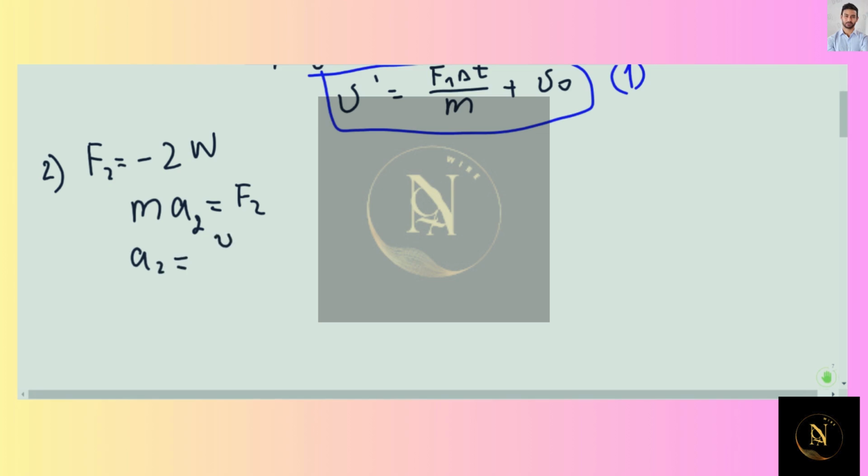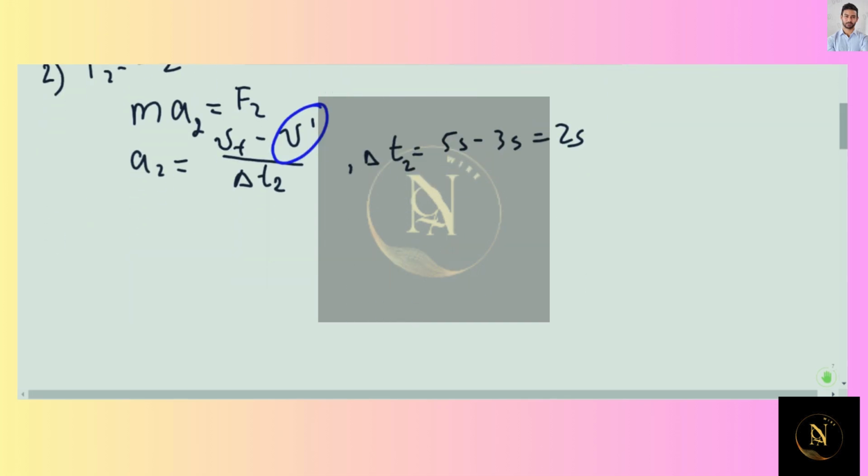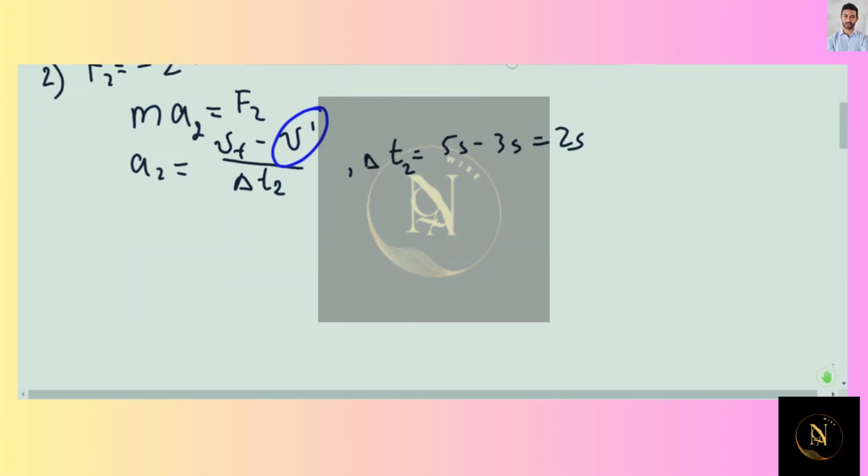Acceleration a2 equals the final velocity minus v prime, divided by delta t2, where delta t2 is 5 seconds minus 3 seconds, 2 seconds. Now let's calculate v prime from this equation and combine it with the first equation.